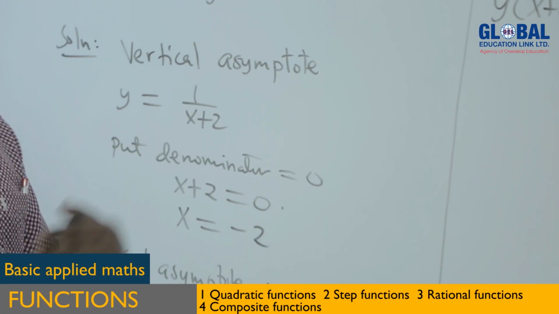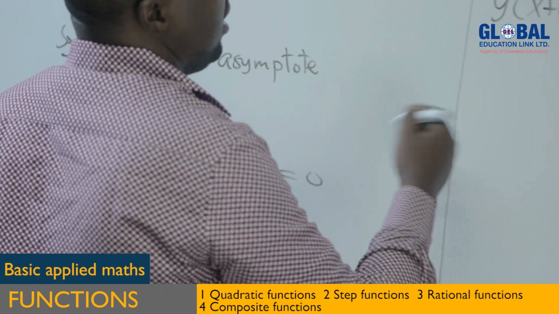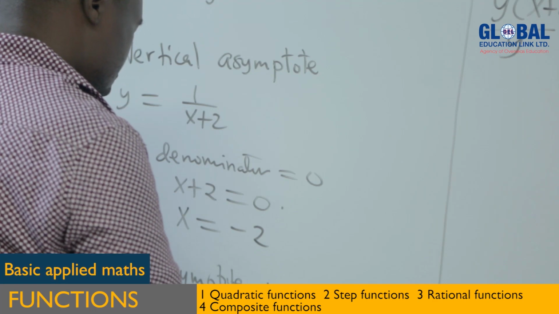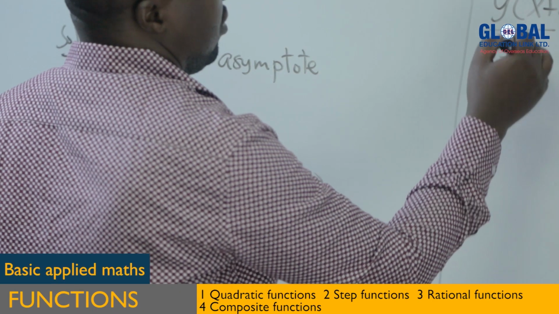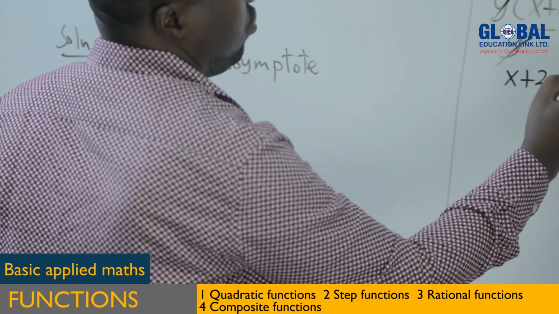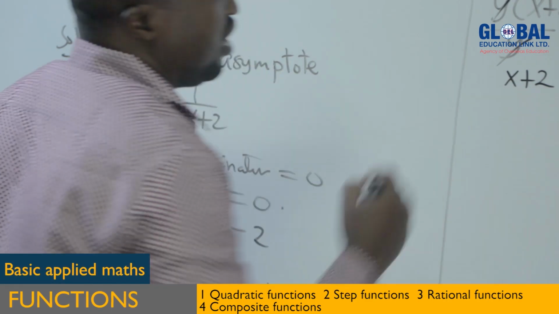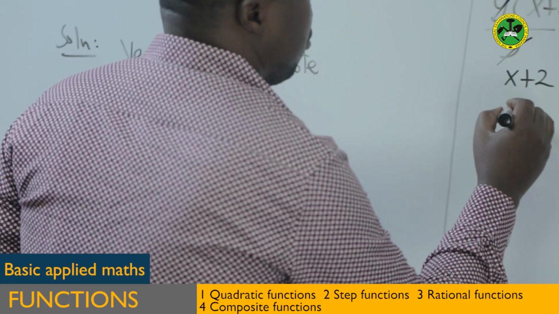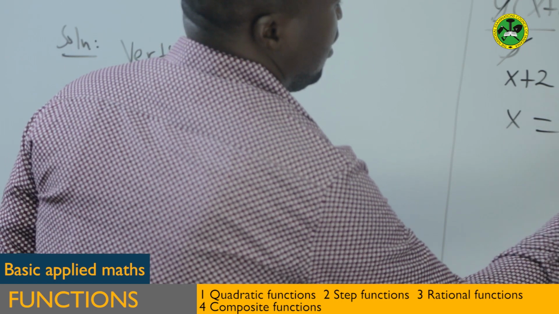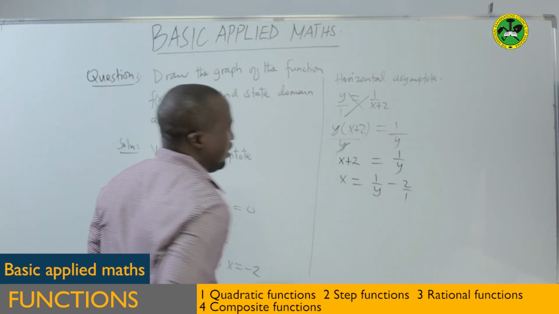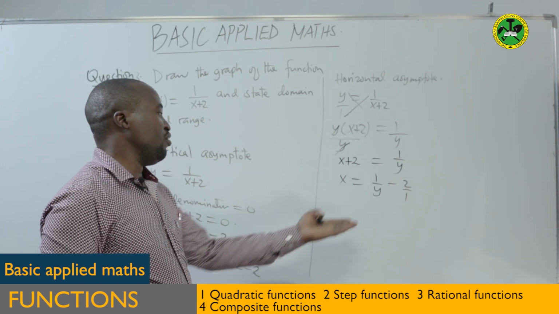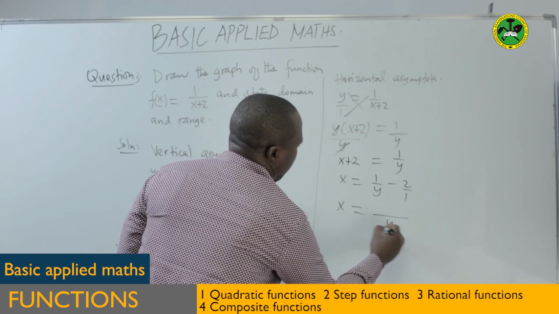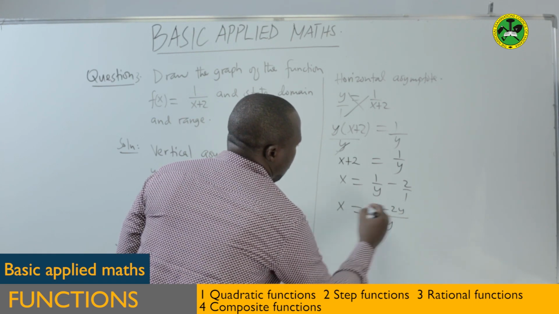Now remember, we make x the subject. So we can divide by y from both sides. So here we are going to have x plus 2 is equal to 1 over y. So let us shift the positive 2 to our right hand side. So we are going to have x is equal to 1 over y minus 2. So try to find the lowest common multiple for y and 1. So x will be equal to 1 minus 2y over y.